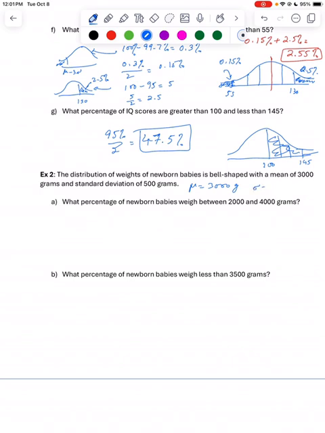Okay, so now the part is saying what percentage of newborn babies weigh between 2,000 and 4,000 grams. So what we do is you find out what is 3,000. 3,000 is two standard deviations below the mean.